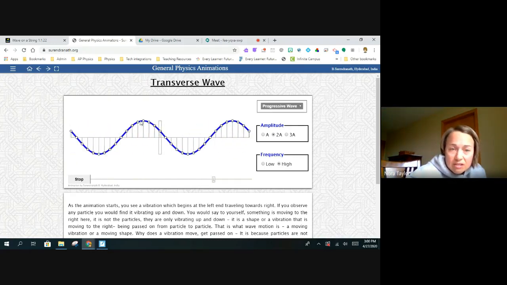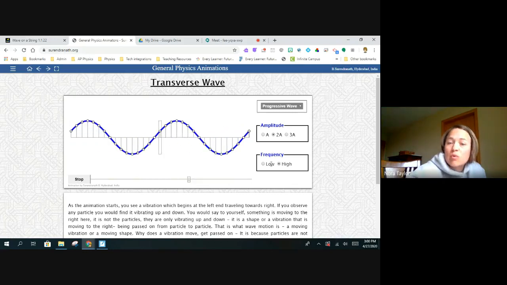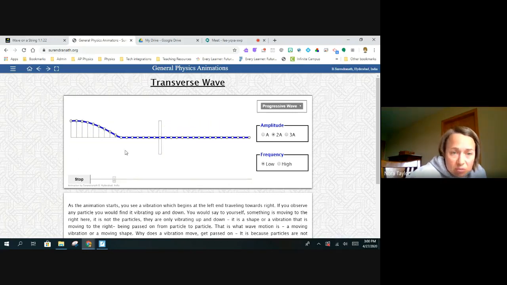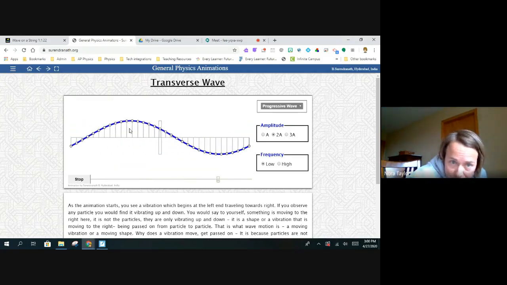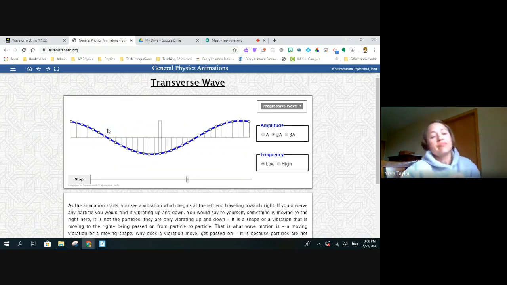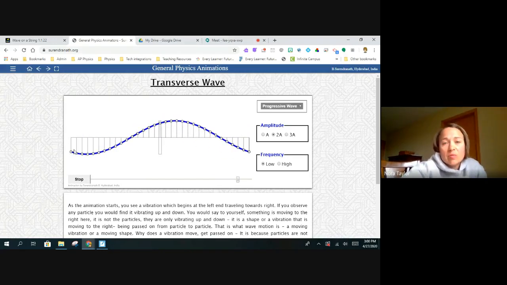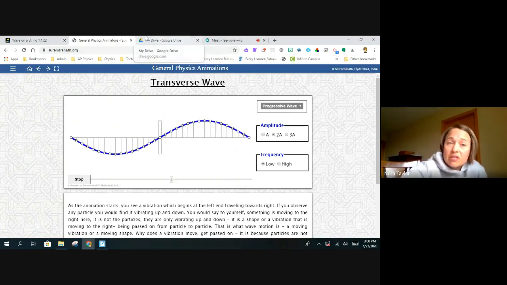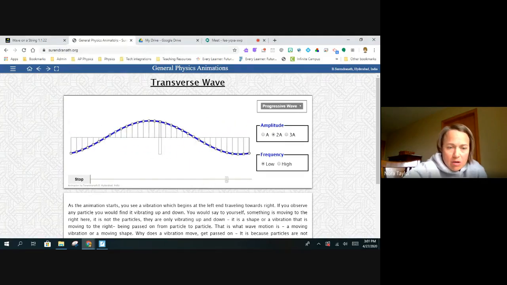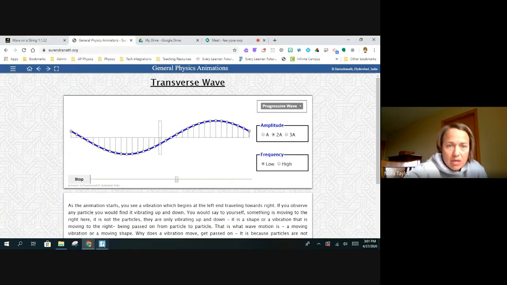It's a little easier to trace because it's more clearly defined, but that wave speed is the same. And so the speed of a wave is not going to depend on the frequency, but it is going to change our wavelength.